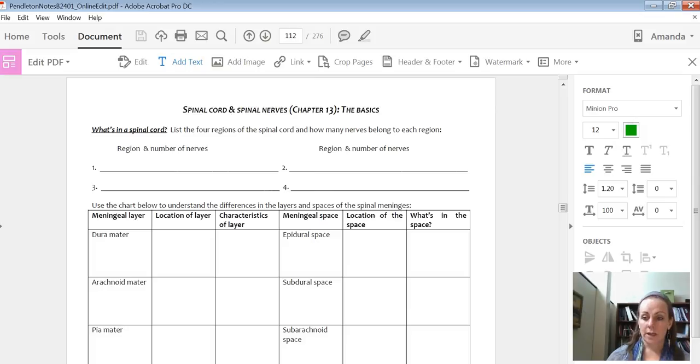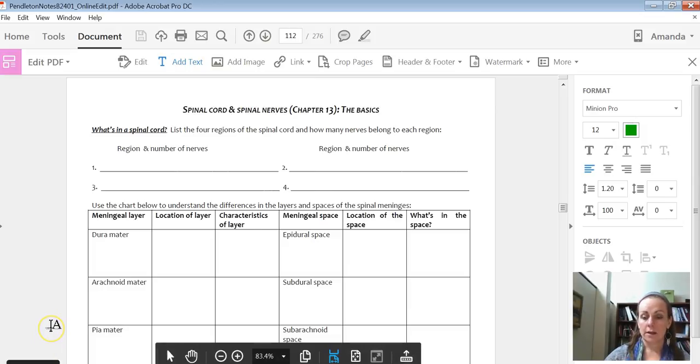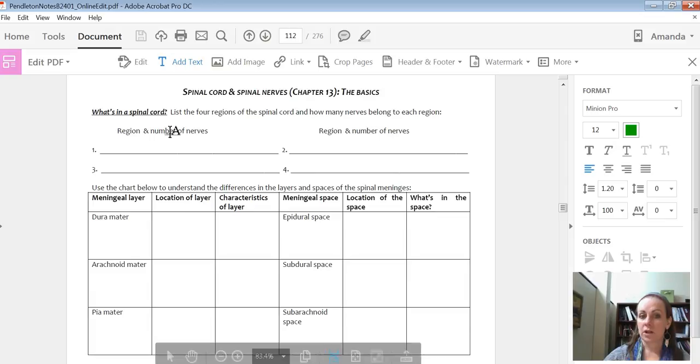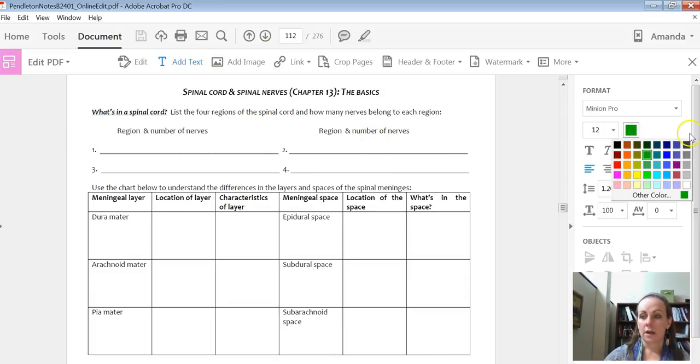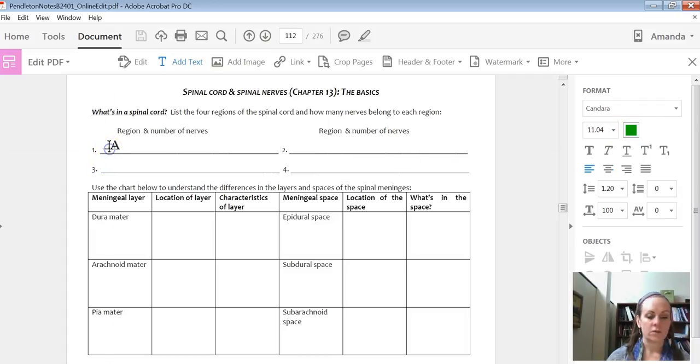I'd like to point out in the notes packet that on this page and on the previous page of the homework lesson, we have gone over this part, the region and number of the spinal nerves. Just to help you out, I'll give you the first one.